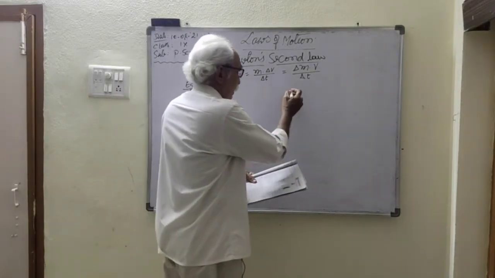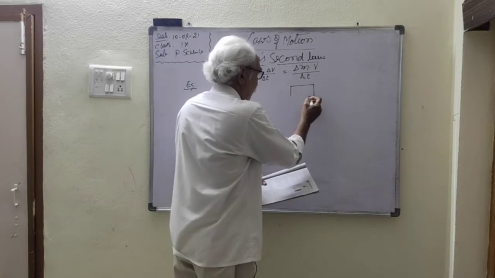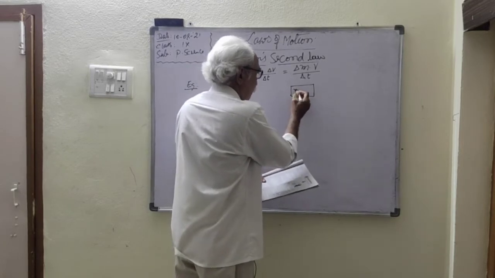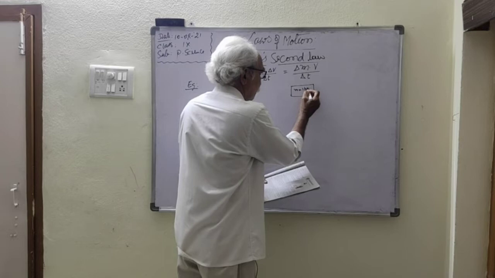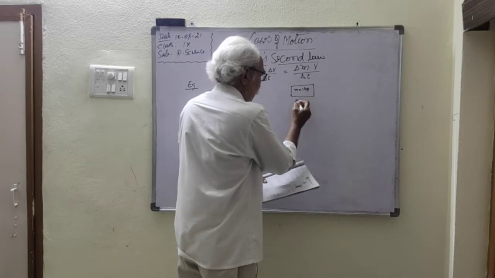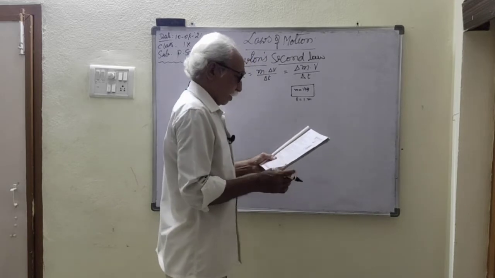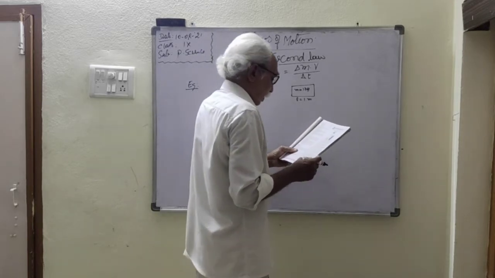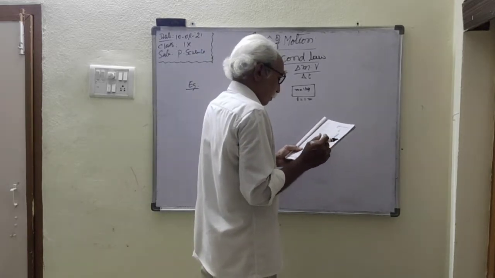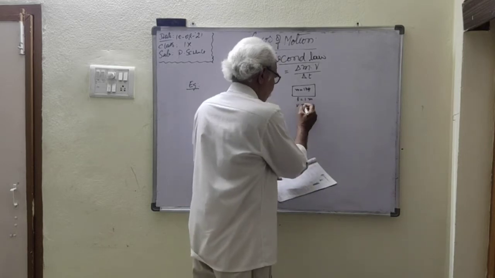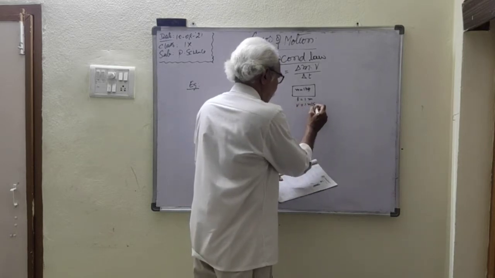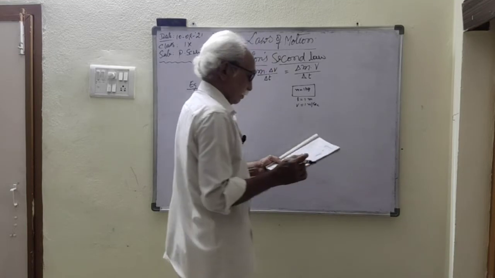Here this is the mat. The mass is 1 kg, the length is 1 meter, and the velocity is 1 meter per second. This is the given data.